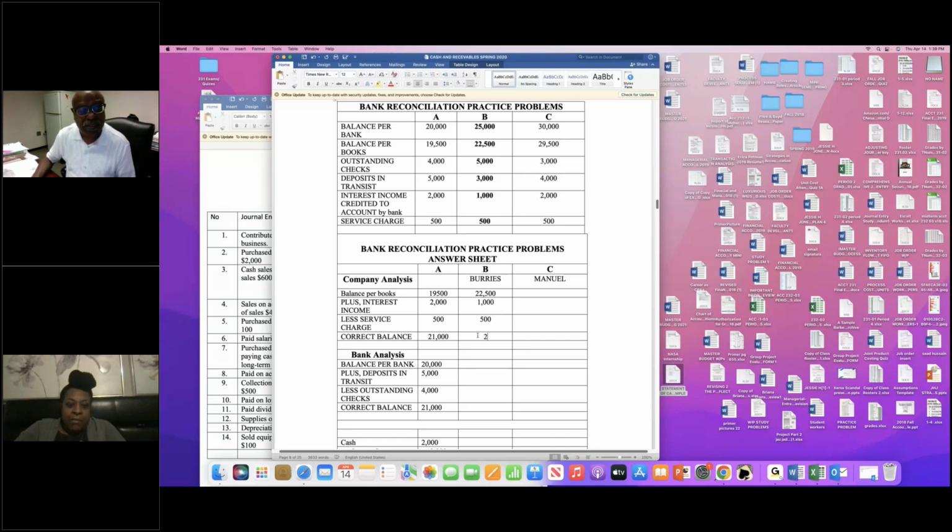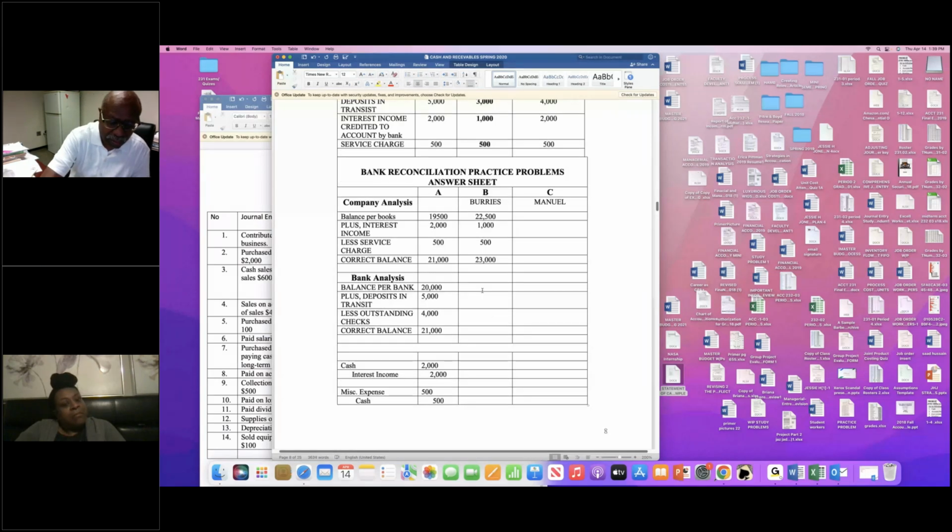My bank balance is 25,000, plus my deposits of 3,000, less my outstanding checks of 5,000. That leaves it with a correct balance of 23,000.